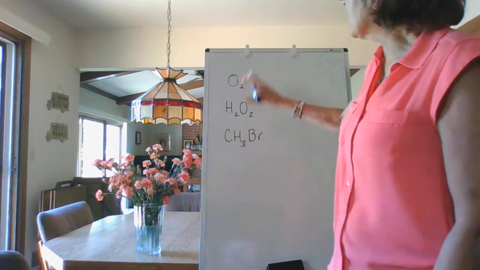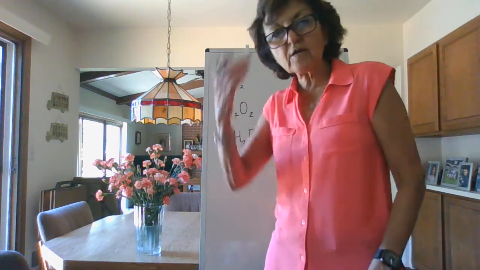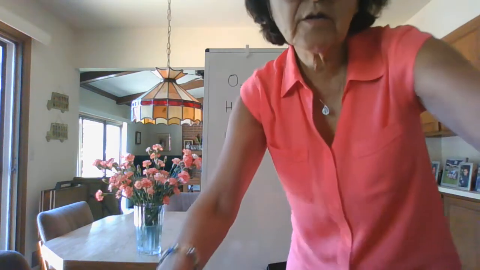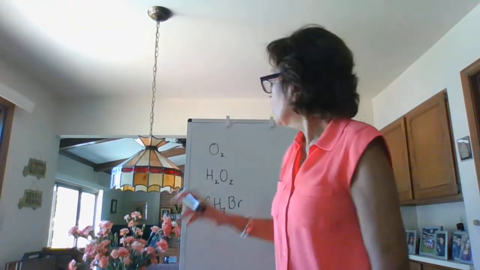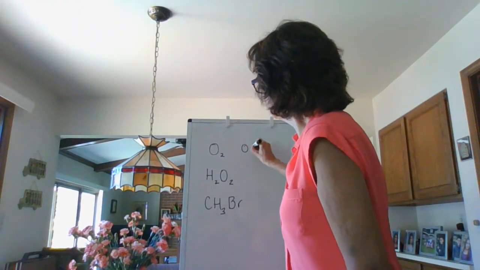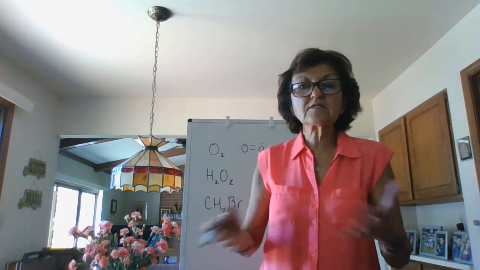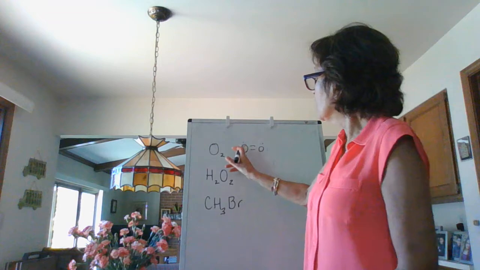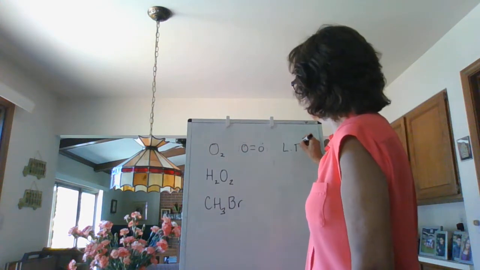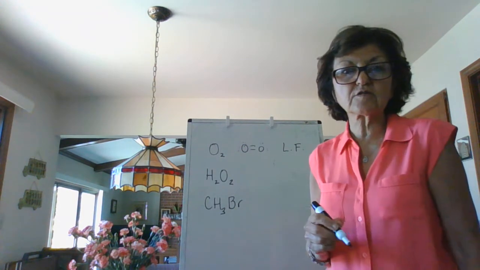Okay, so, and I ask you, what type of intermolecular forces would these molecules do? Okay, well, oxygen, pretty nonpolar, right? Very symmetrical, nonpolar. What can it do? The only thing nonpolar molecules can do is London forces.